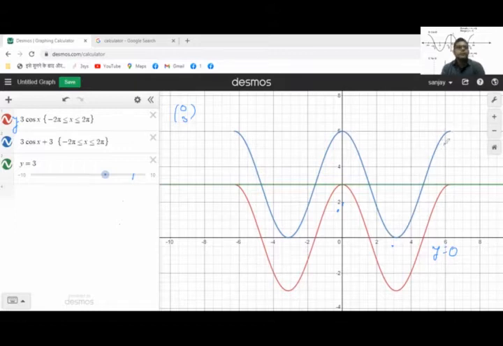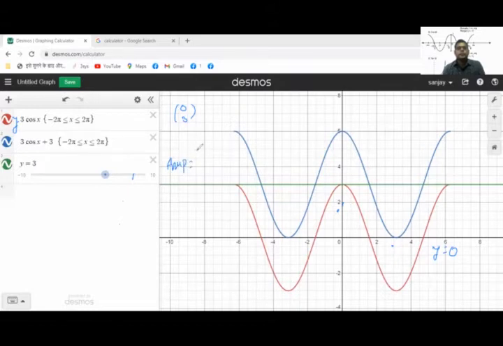So both the period and the amplitude won't change here. If the amplitude is 3 here, then the amplitude is 3 at this point also. But if you would like to find this by using the formula, you again use it to find the amplitude.